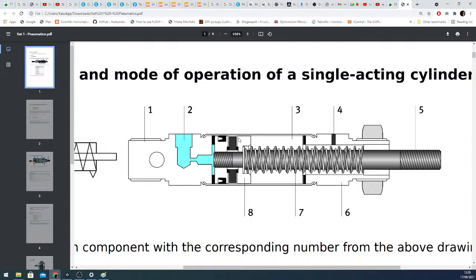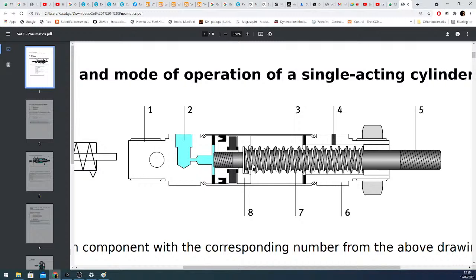But construction-wise, we can see that there is something going on here. There is something that's put over the piston rod. What is that thing? Do you know what it is?